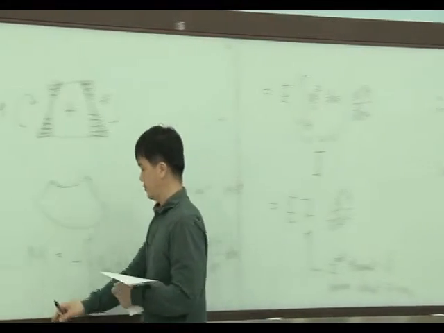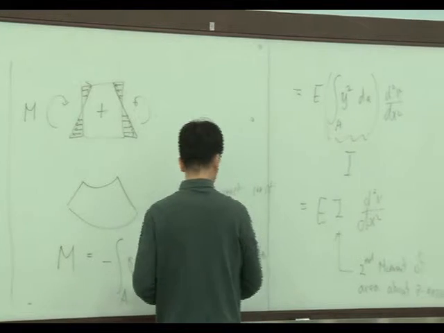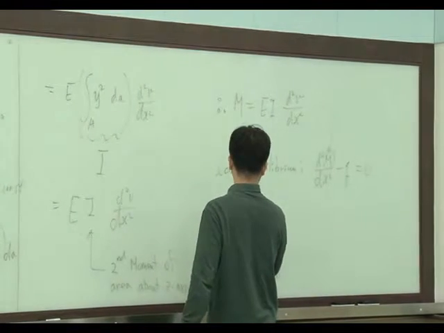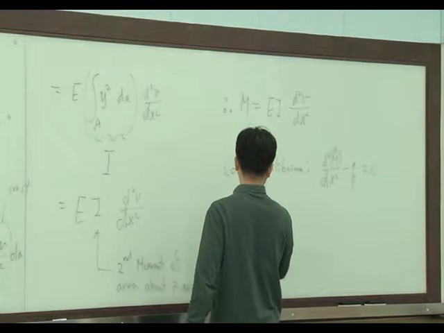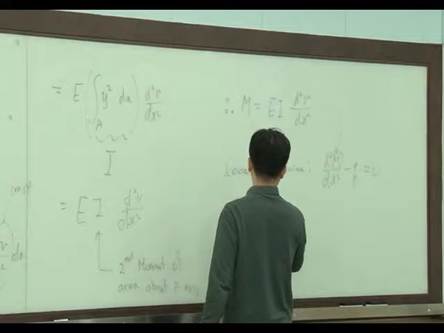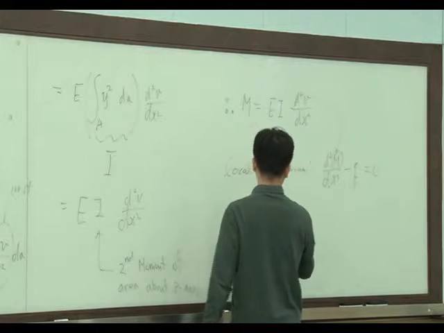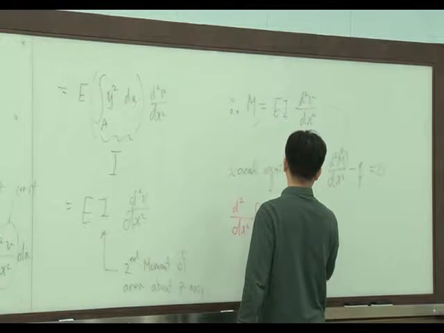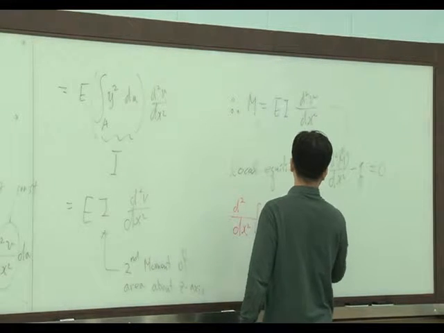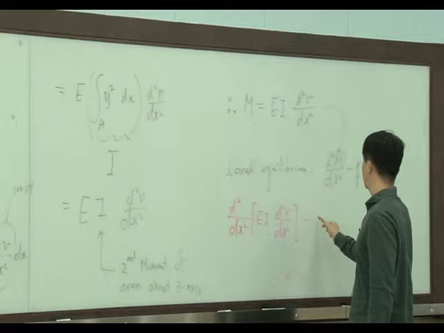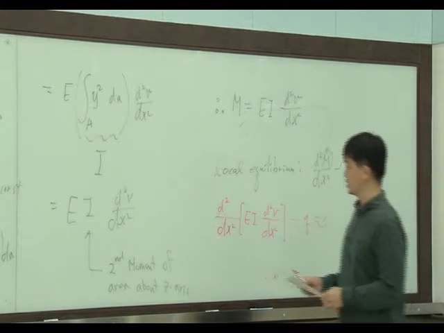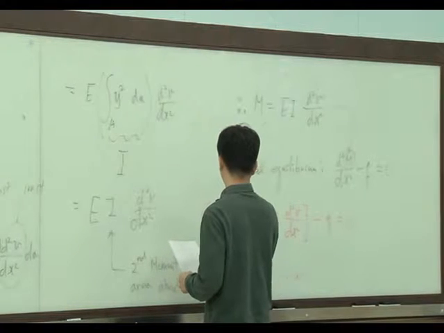Then d/dx of EI d³v/dx³ minus q equals 0. This is the governing equation for the beam.